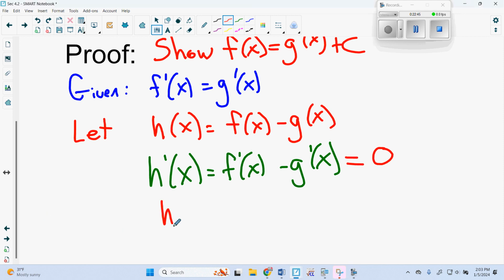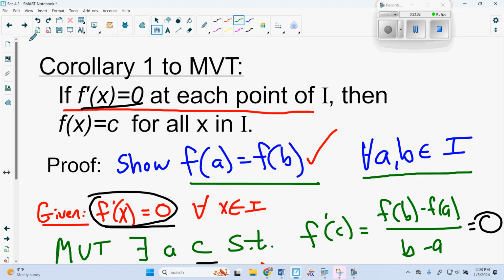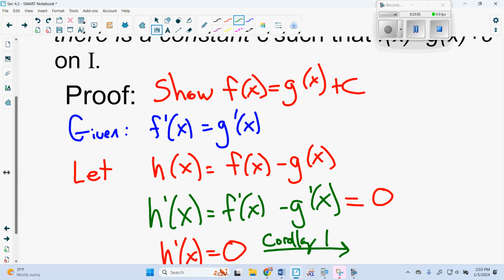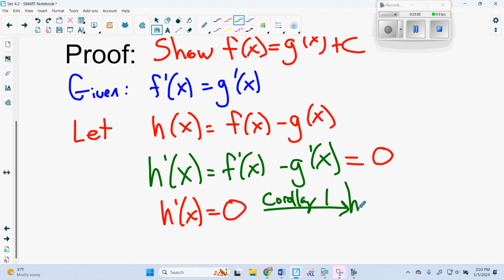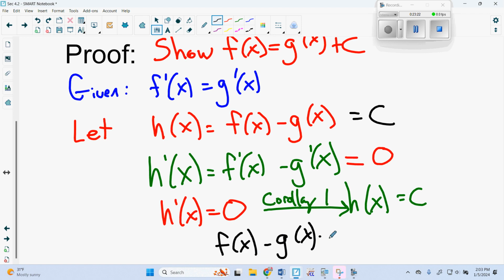But if our derivative is always 0 for every single value of x, by corollary 1, back here, we know that this has to be a constant function, which means this has to be equal to a constant, which tells us that f of x minus g of x equals a constant, and I'm running out of room.